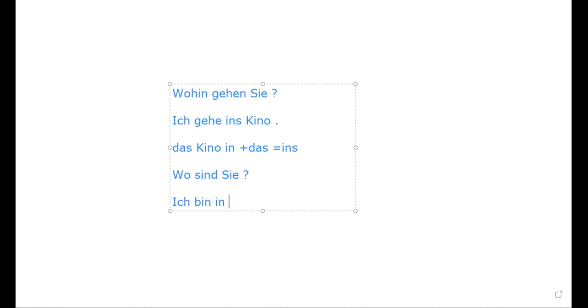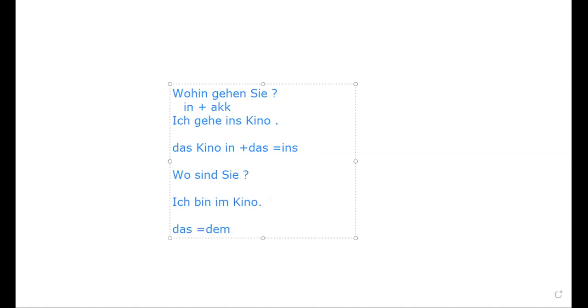Usually in the dative case, das will change to dem. So in plus dem, shortly we can write im. So ich bin im Kino. Here after in, I have applied accusative because I am talking about my action.